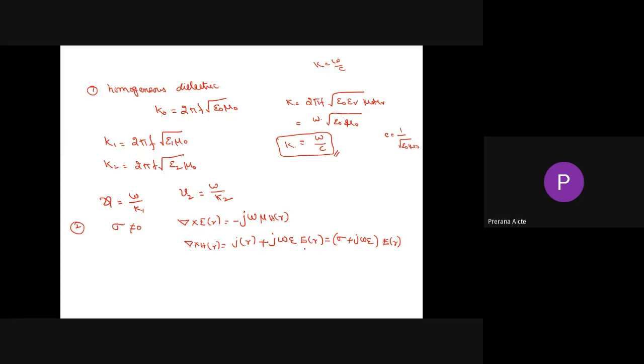Okay, now based on these equations, we can directly find the propagation constant.